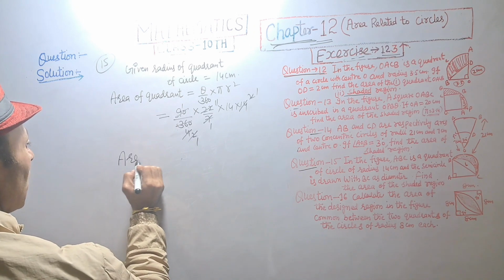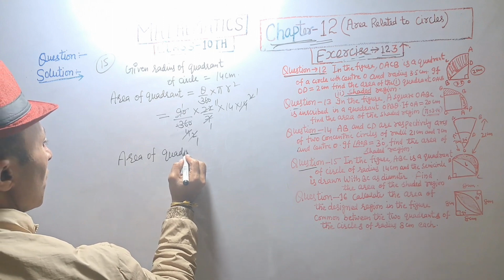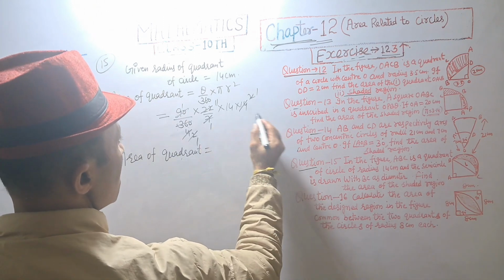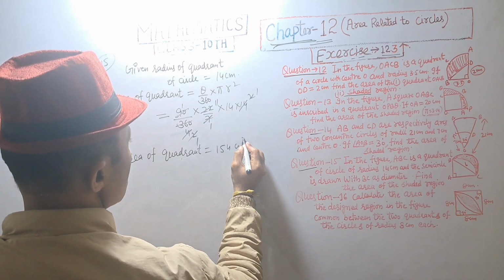Area of quadrant is equal to 14 11s are 154 centimeter square.